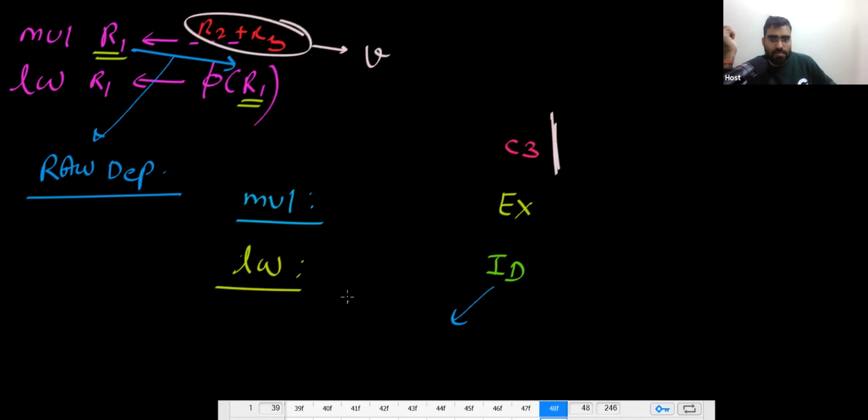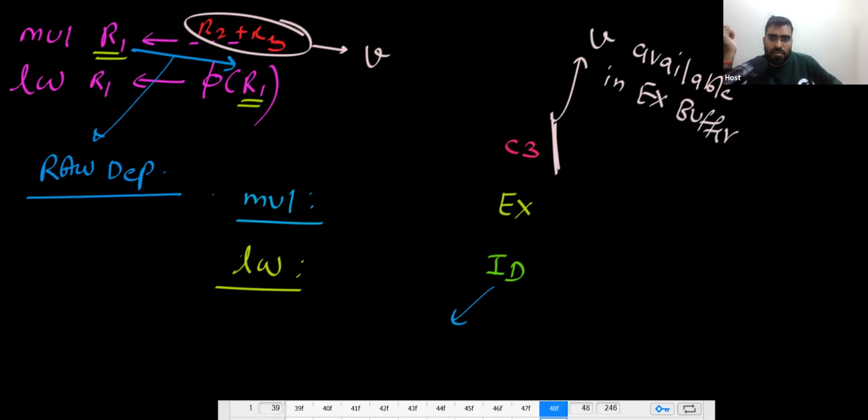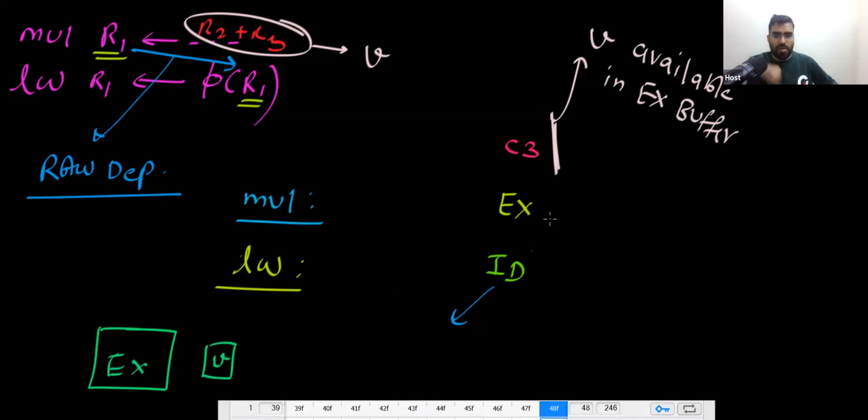Very good. You can notice this V is available in the execution stage buffer. In the execution stage buffer, this value V is available. Okay, at this point, in the next cycle, what will happen?